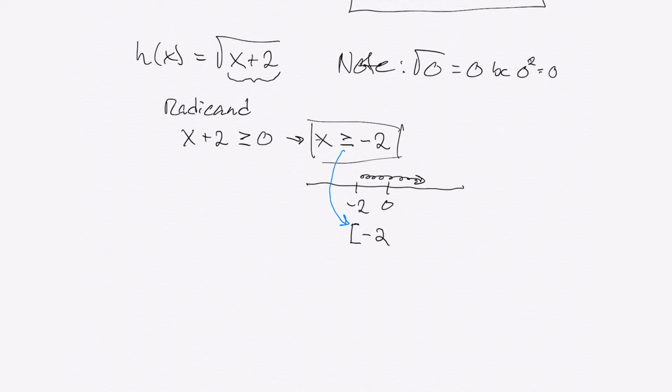That tells me to use this square bracket, and we're coming all the way up to positive infinity. Positive infinity takes a parenthesis because we can't ever really get up there and get a handle on it. All right, so that's an initial conversation about domain of functions.